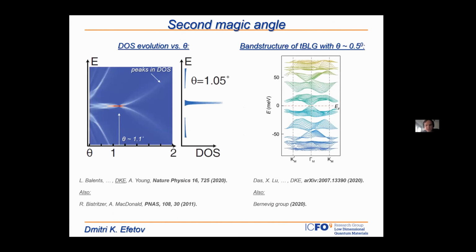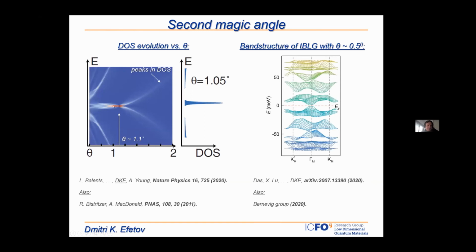For this type of experiment, we made devices of twisted bilayer graphene at the second magic angle. The second magic angle is basically the second angle where the bands become very flat. You can see this in this plot which I made before. Here, the first magic angle is where the bands become really flat for the first time.